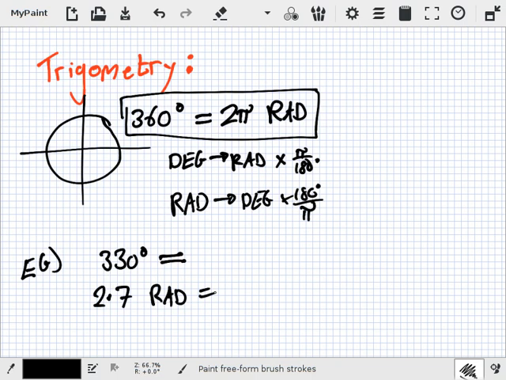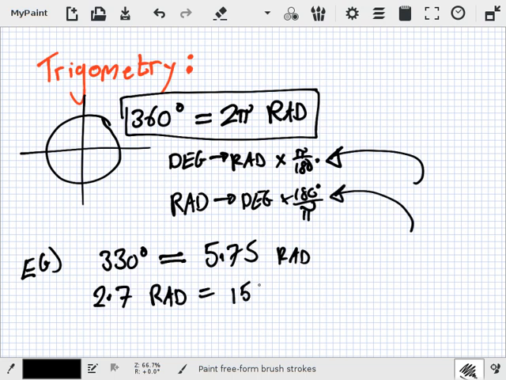I'll just give you the answer. Yeah. So what's 330 degrees in radians? Should be around about 5.75 radians. And you used this guy, huh? And then 2.7 radians. What's that in degrees? That is 154.6. 154.6.